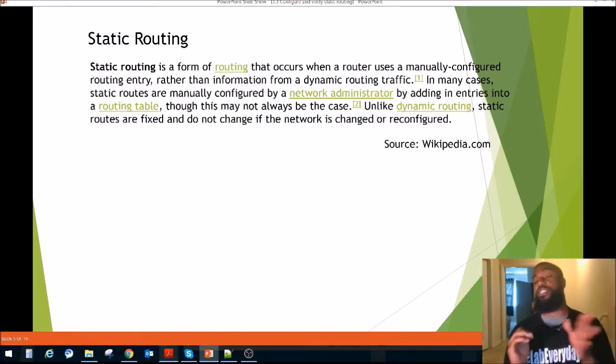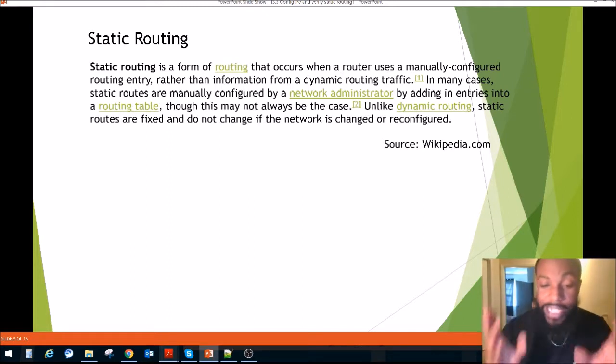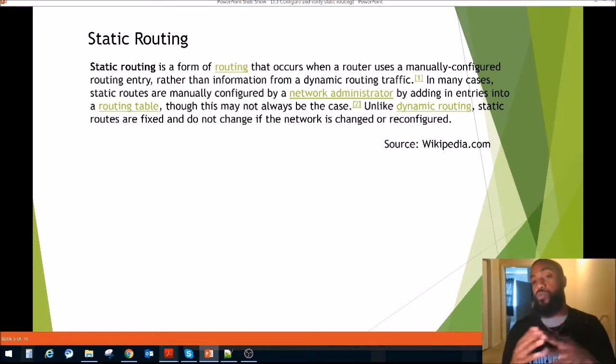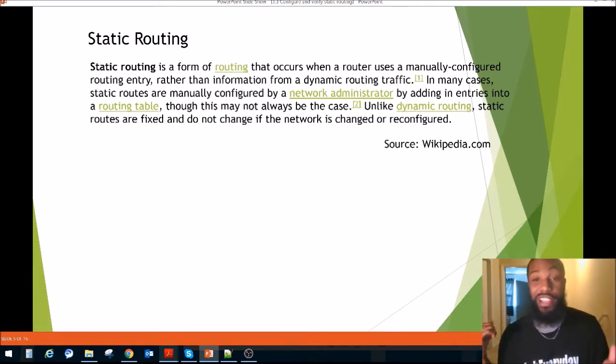So there are pros and cons to both of them. I'm not going to lay down all the pros and cons, but for one thing, a static route is a reliable route, and you know it's one that you configured. Or maybe the last guy that got fired or left the job configured it, but you know it was manually entered.